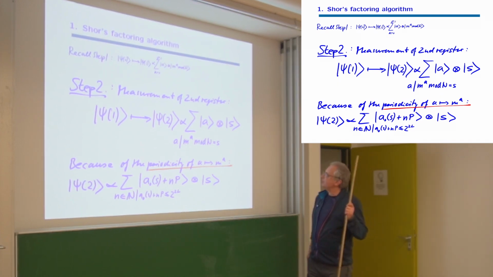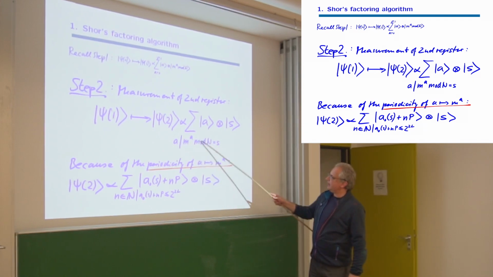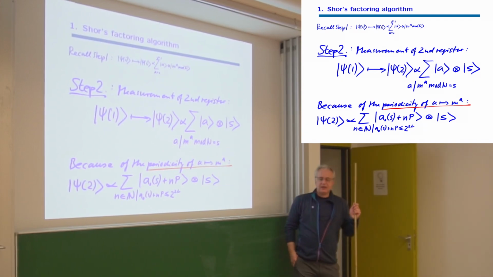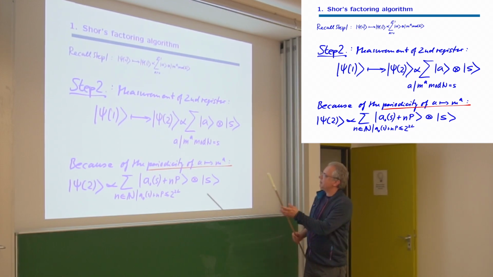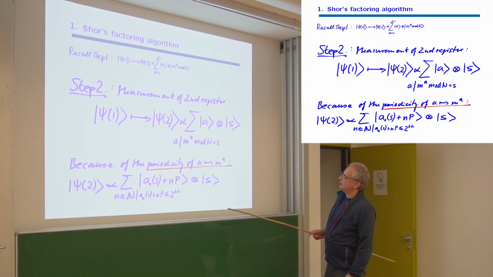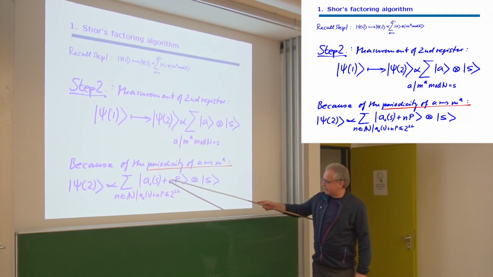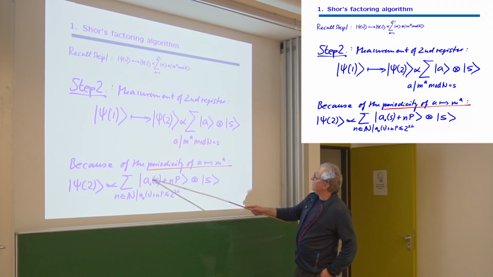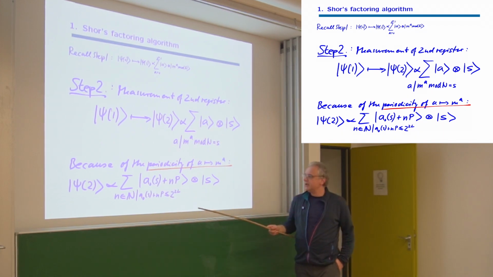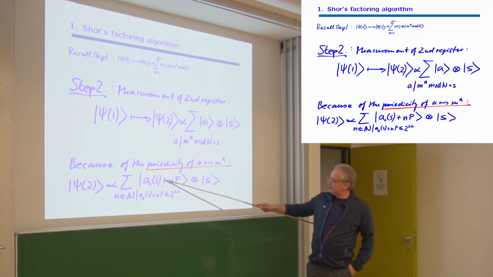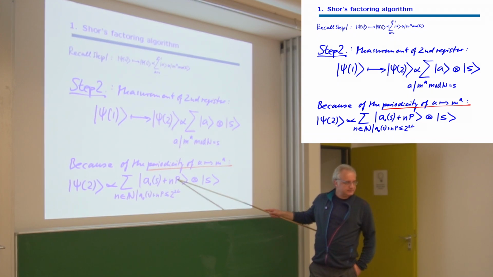Okay, and so now this set of a's that satisfies this condition has a structure. And that's because we have a periodic function here. Okay? And because this is so, we can write that down here. So there is a smallest value of a appearing in the superposition, and then all the other values that occur, they are larger by a multiple of the period.